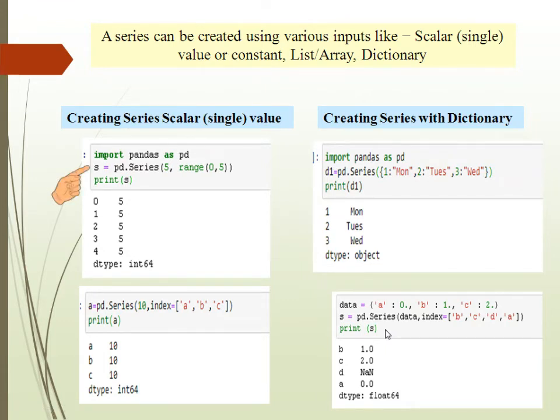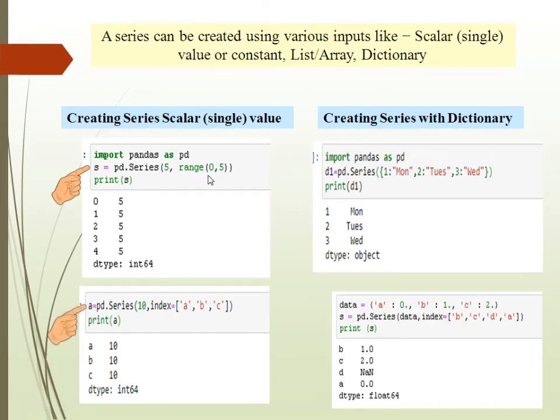Now, before moving on, just have a revision of the scalar value. The pointer is pointing at C. pd.Series(5), and we'll get the index values with the help of range.